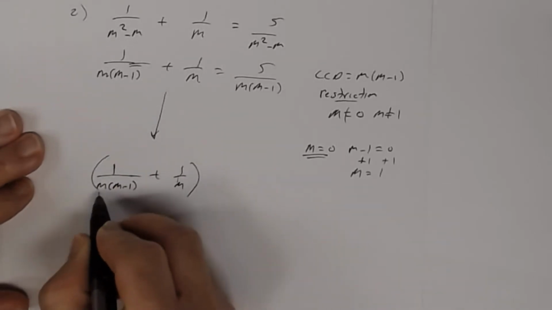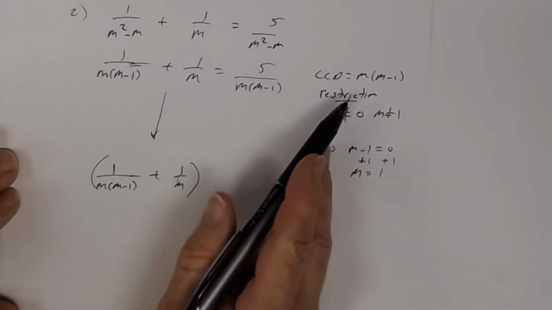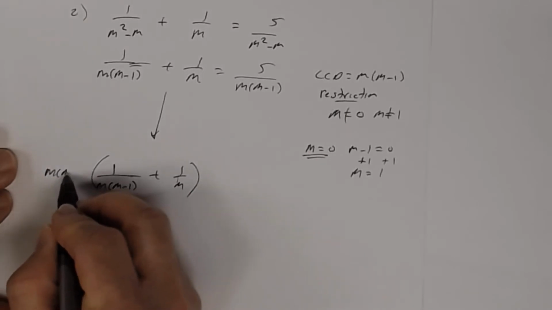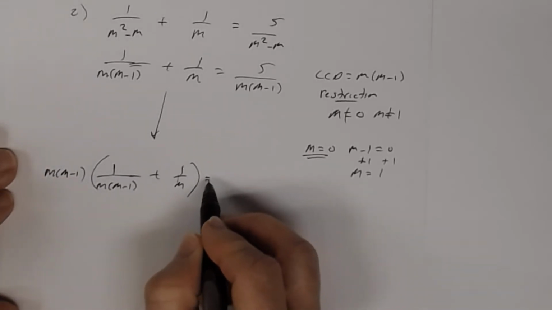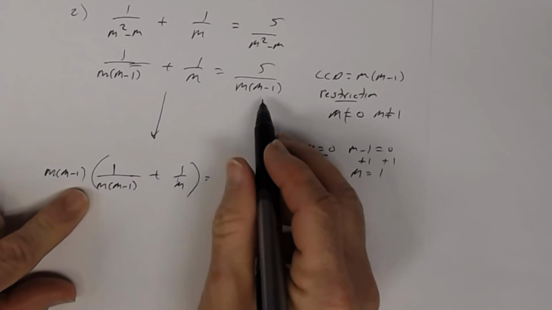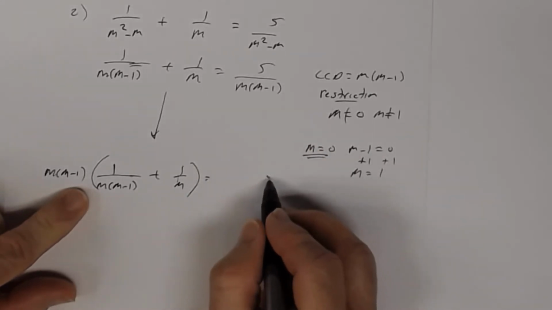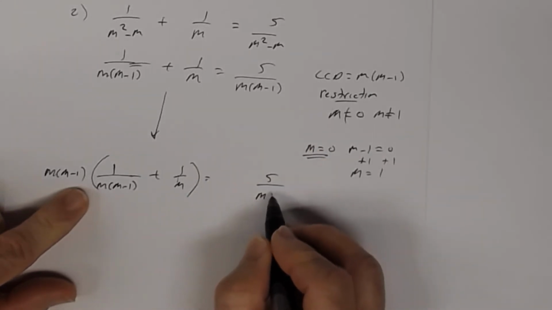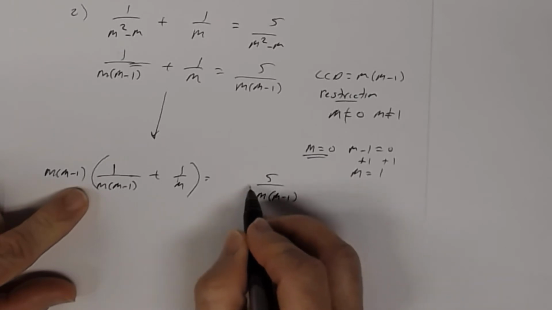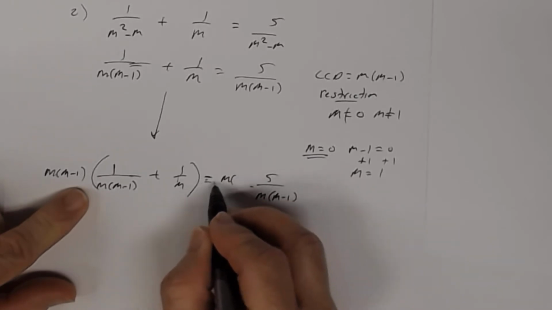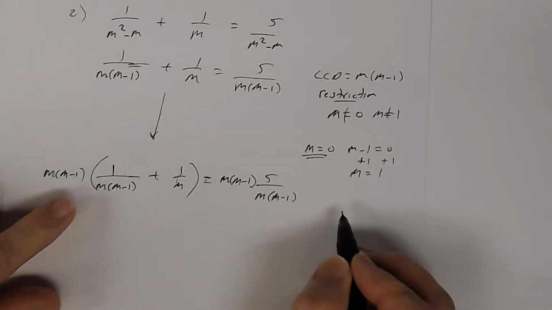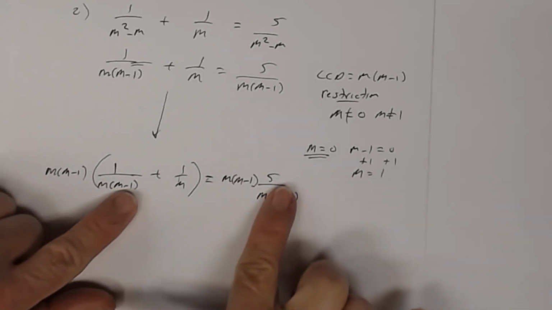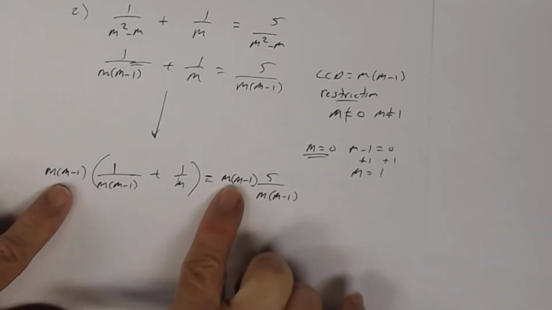Now this has to be multiplied by the least common denominator, which is m times m minus 1. Now what I do to the left, I do to the right. So the right-hand side, which is 5 divided by m minus 1, also has to be multiplied by the LCD. So notice I multiply both sides by the least common denominator.